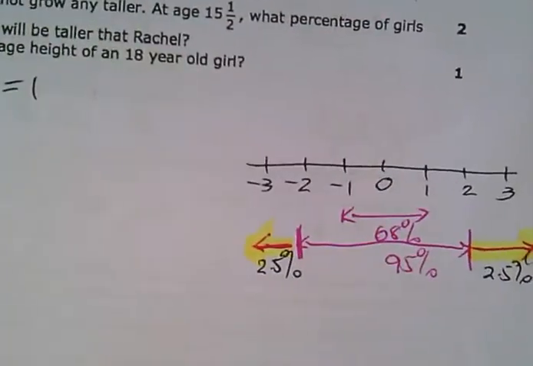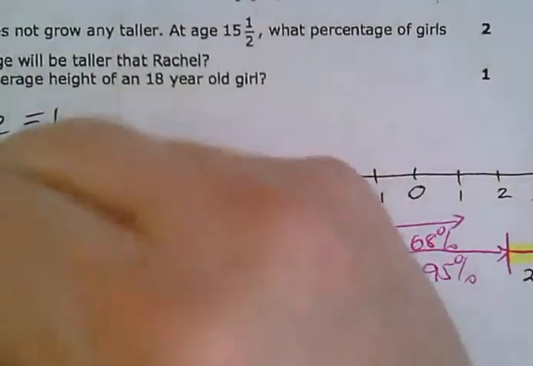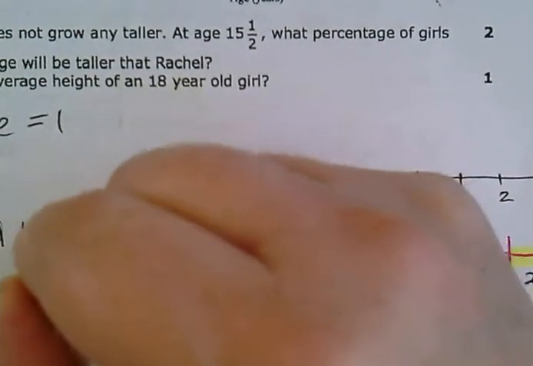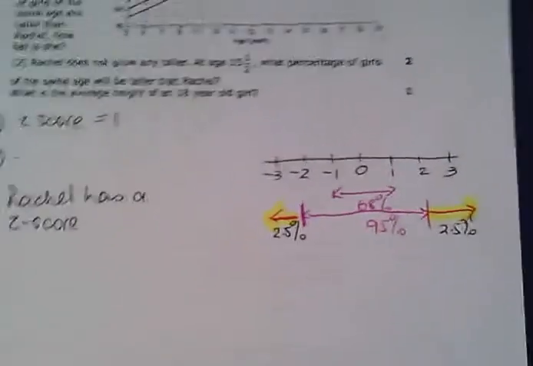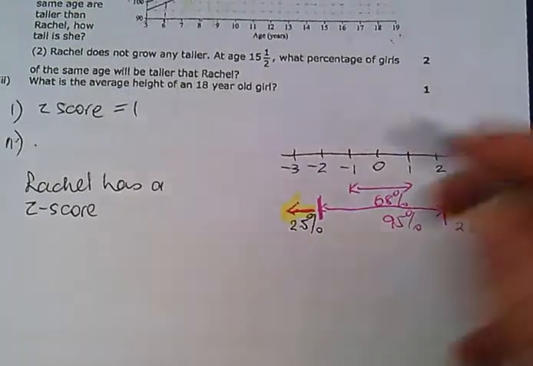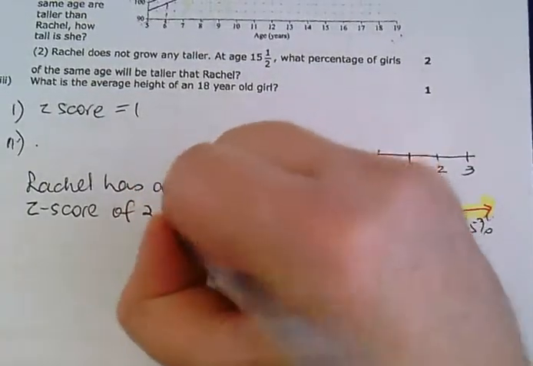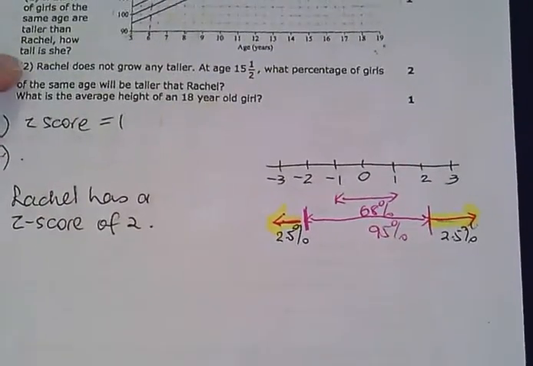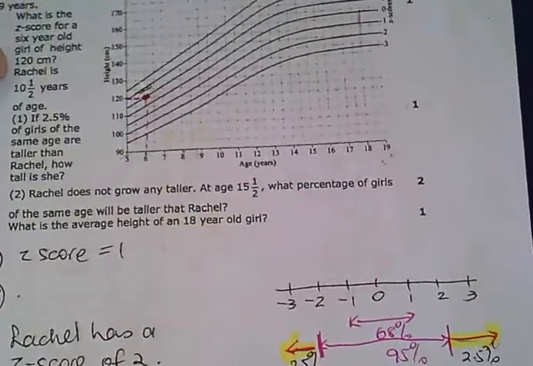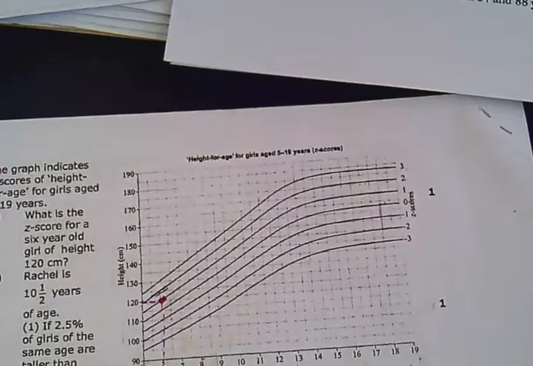So we know that this Rachel has a Z-score of what? What is Rachel's Z-score? If 2.5% of girls are taller than Rachel, 2. Rachel has a Z-score of 2. Now this is only worth 1 mark, okay? So let's go up and see how tall she is. So, how old is she? 10.5.